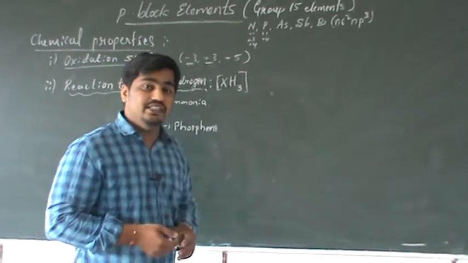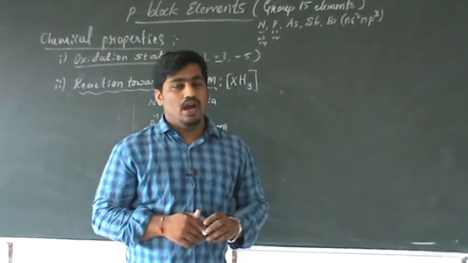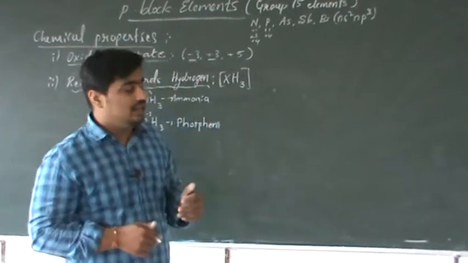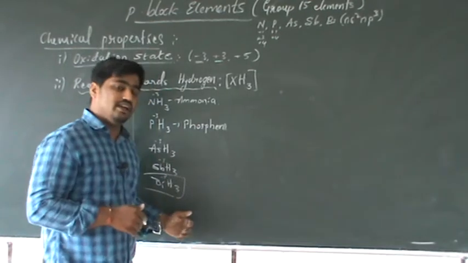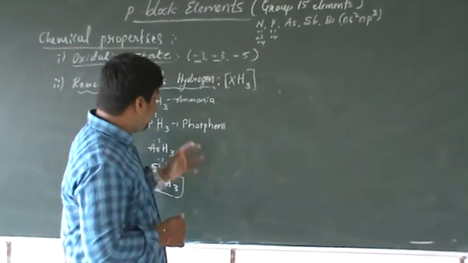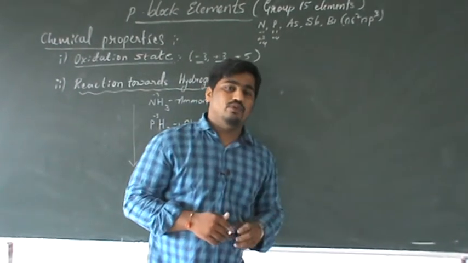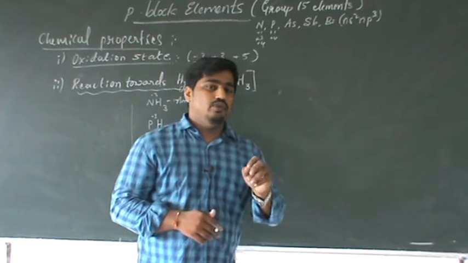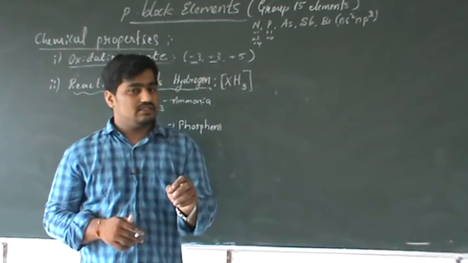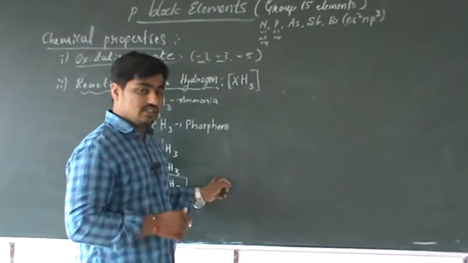Or by considering the atomic size also, we can easily explain the concept. How to explain the stability of these hydrides by considering the atomic size? What happens to atomic size when we move down the group? Atomic size increases.